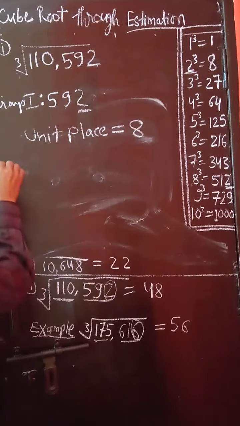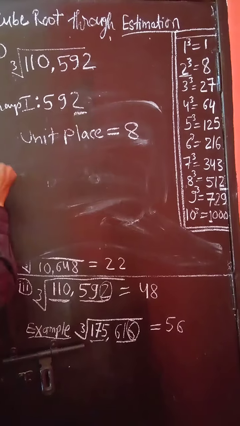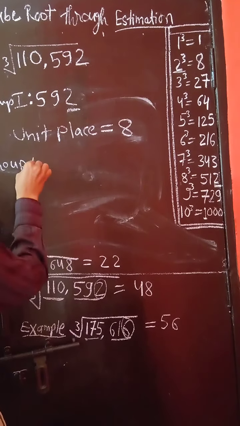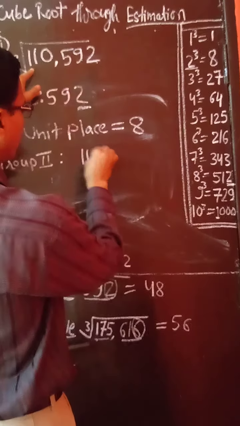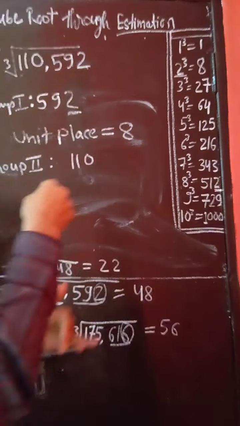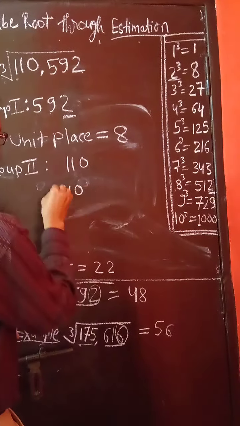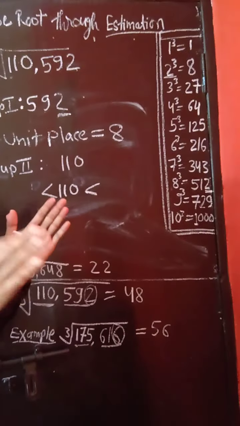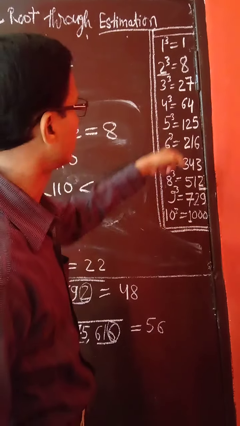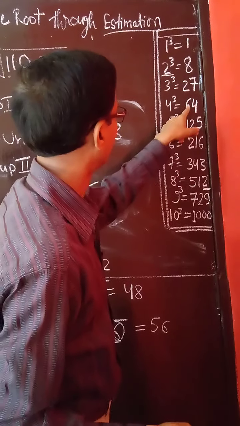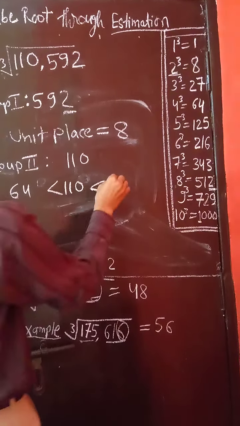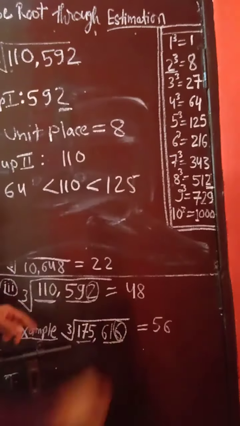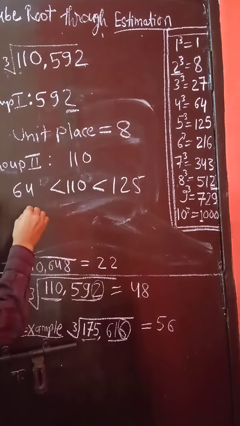Now you see the tens place. For the tens place, we will decide from group 2. What is group 2? 110. And here is another way. 110 is between which two cube numbers? From here we will see 110 is between 64 and 125. Now these are the cubes of which numbers?